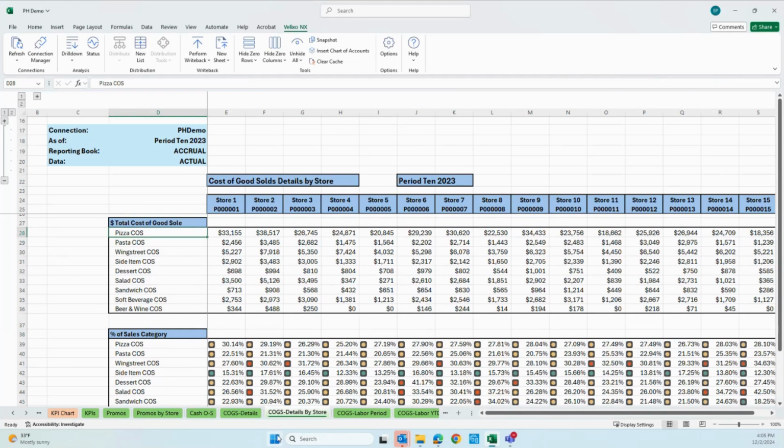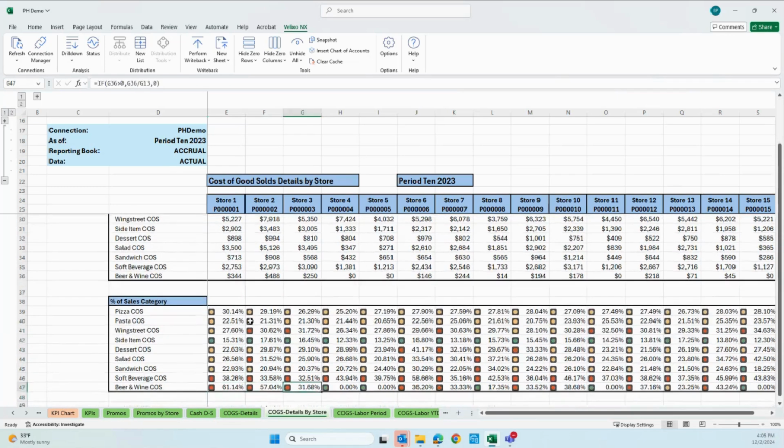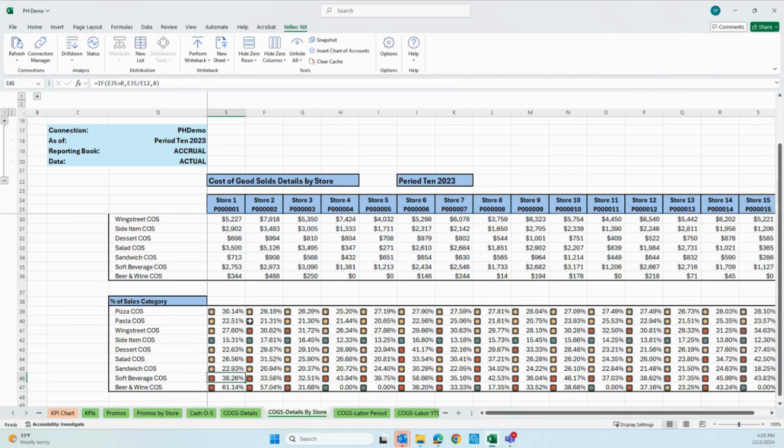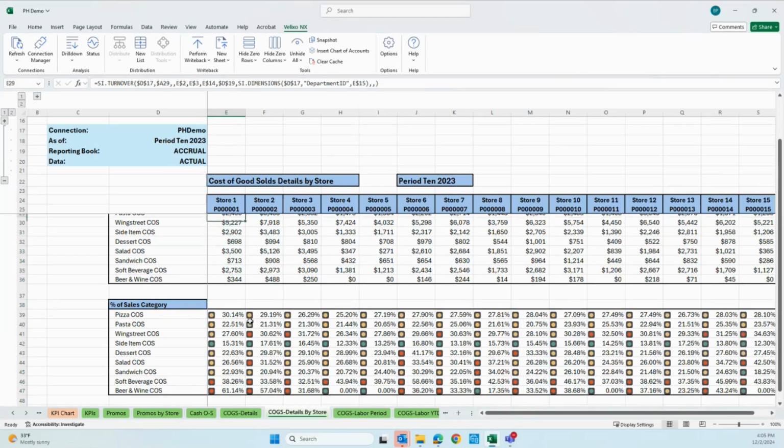So it really helps you understand which stores are overperforming and which stores are underperforming by looking at the color metrics in here as a percent of sales, based on the cost of goods sold incurred up here by category.